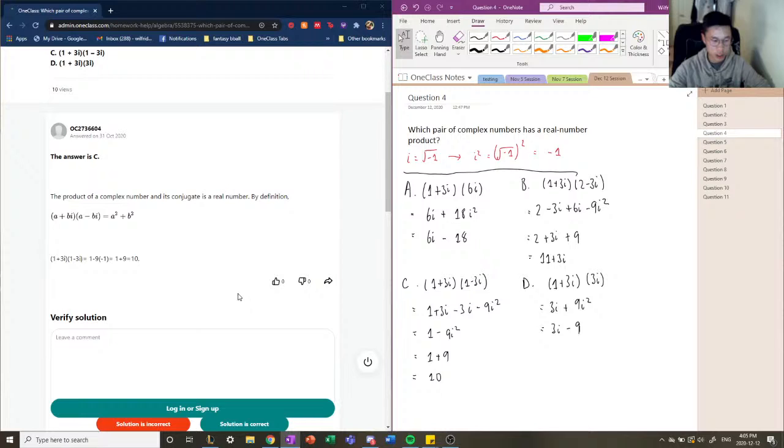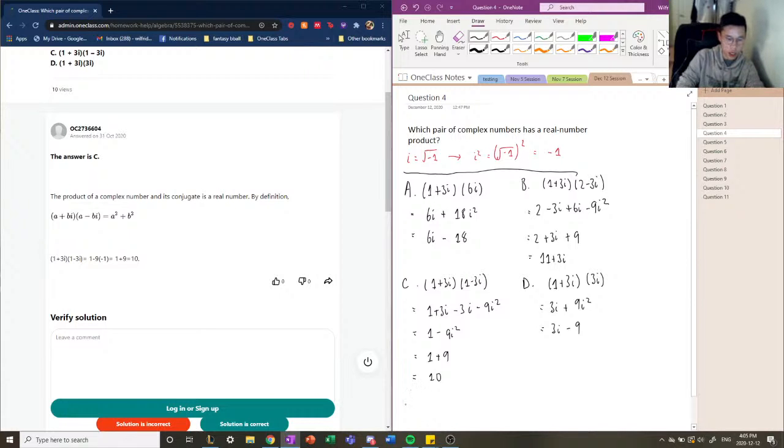And this brings us to our final discovery from this question. When you multiply a complex number by its conjugate, you'll get a real number.